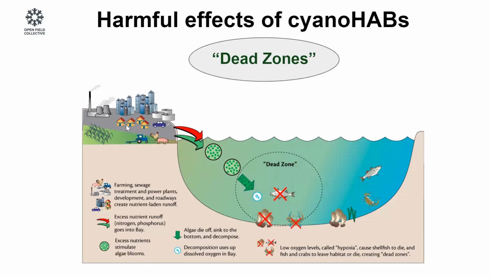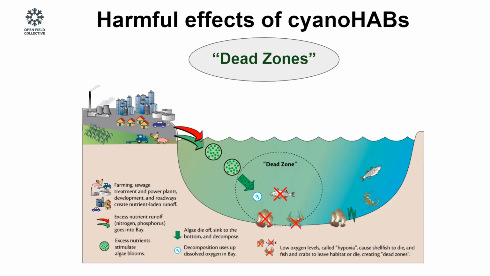Nutrients coming from industry or agriculture are released into the water, which leads to the multiplication of these algae. They release oxygen up to a certain limit, but they go through their life cycle and also die at some point. When that huge amount of algae dies, it sinks to the bottom of the water body and starts to decompose.